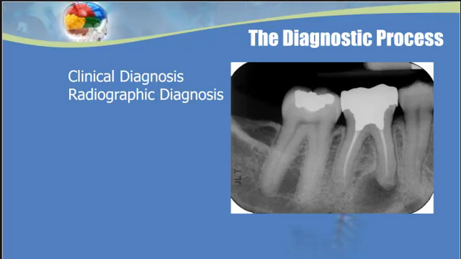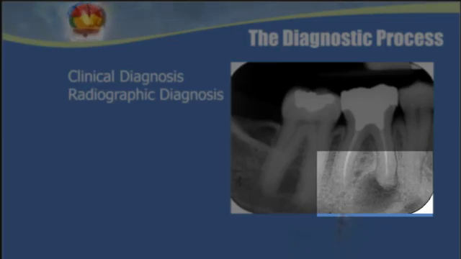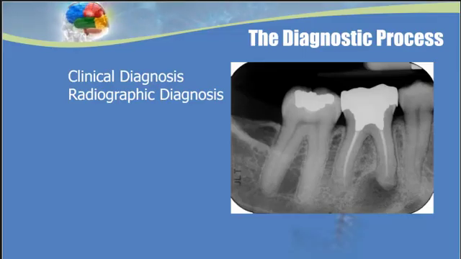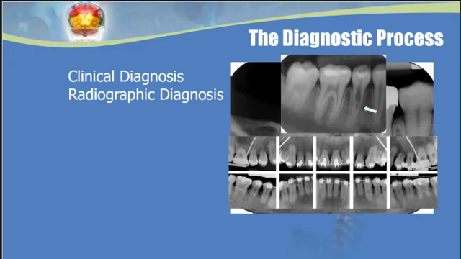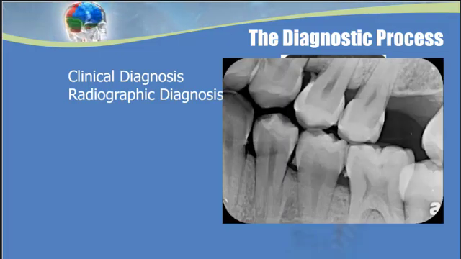Here we can see that there is widening of the PDL at the apex of the mesial root of number 30. And that would probably have some accompanying pain, except for the fact that this tooth has had a root canal. So sometimes these lesions are only found when we take x-rays. Again, we have internal and external resorption.